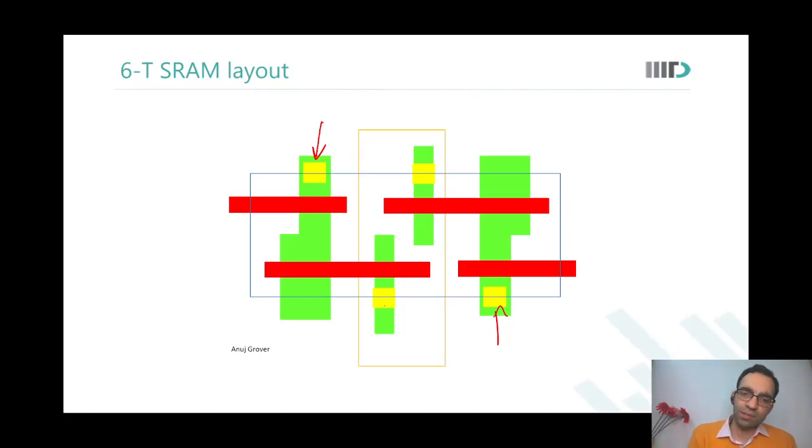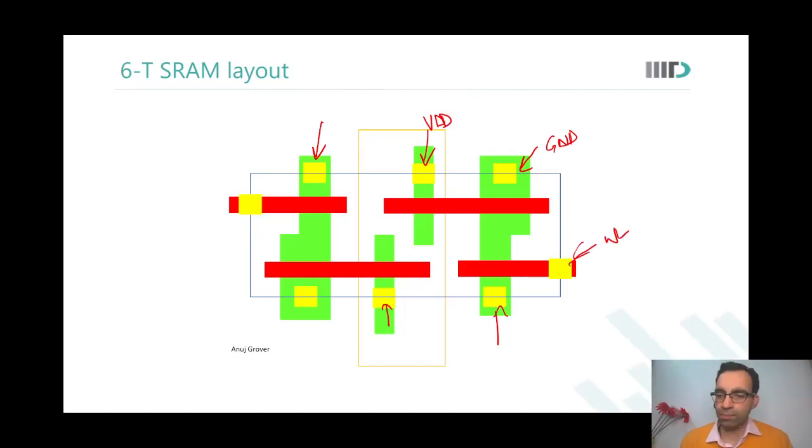Okay. What is this? VDD. Great. What about this one? Ground. Great. What about this one? Word lines. Okay.